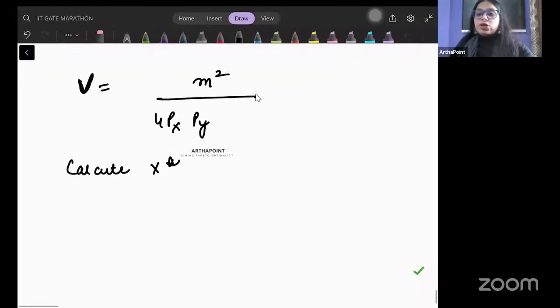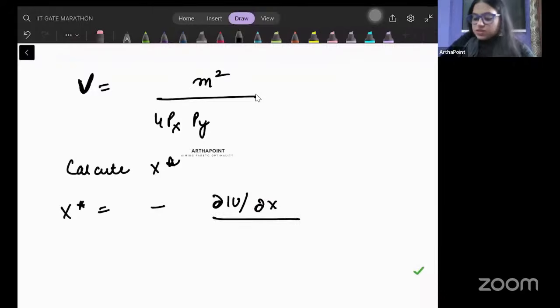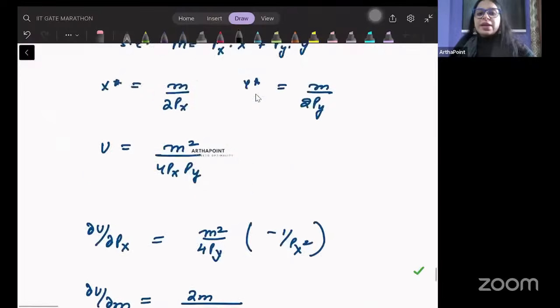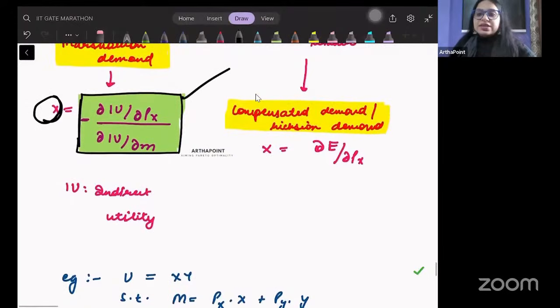Then you have to apply Roy's identity. तो Roy's identity ने क्या बोला कि x star will be minus: differentiate indirect utility with respect to px, differentiate indirect utility with respect to py, differentiate indirect utility with respect to income, and put a negative sign. This is what Roy's identity is saying. So you have to directly go ahead and apply this Roy's identity and get the answer for x.